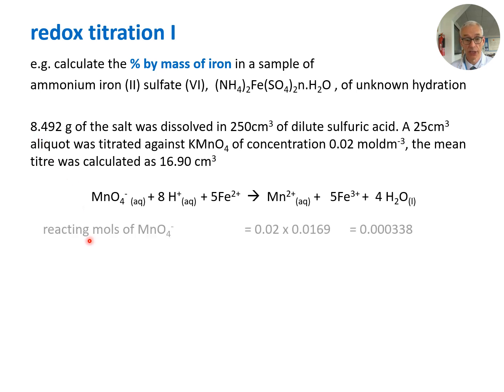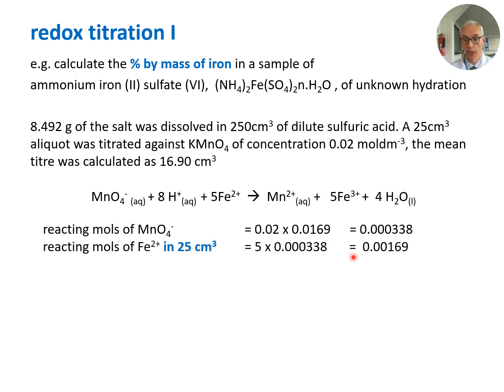Okay, so I'm going to reveal the moles of manganate are the concentration times the volume. That reacts with 5 times that number of moles of Fe2 plus. That number of moles of Fe2 plus was in 25 centimeters cubed. So we want to know what's the moles in 250, so we multiply by 10.